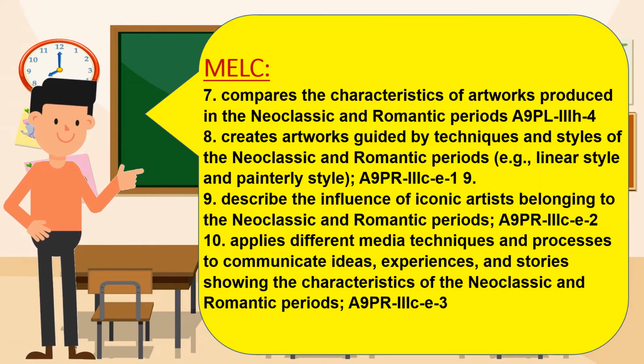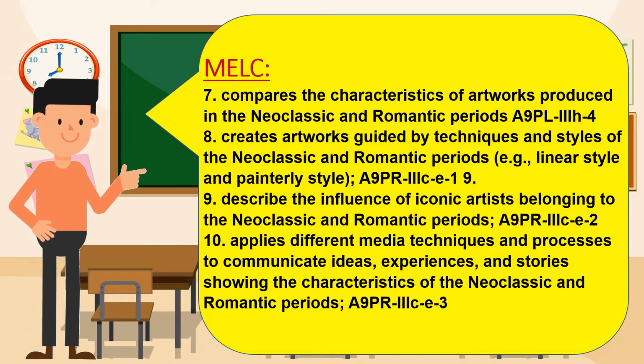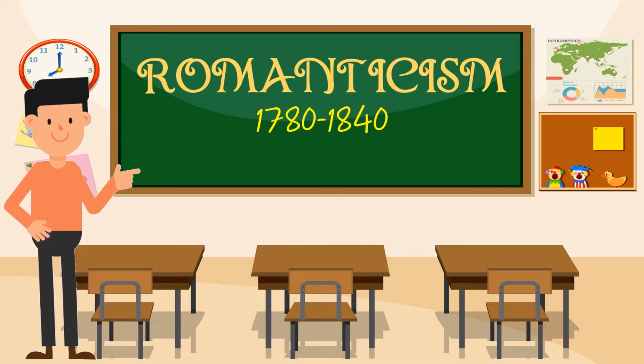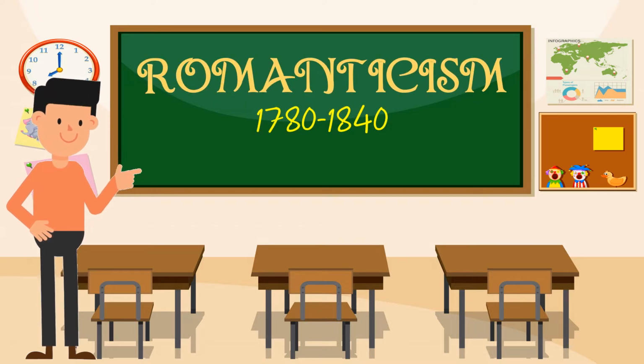Applies different media techniques and processes to communicate ideas, experiences, and stories, showing the characteristics of the neoclassic and romantic period. So for today, we will be dealing with Romanticism, which started from 1780 and ended in 1840.